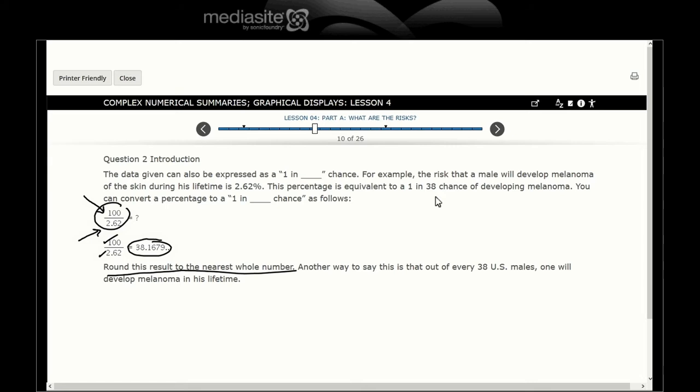Since the 0.1 is less than 5, we're not going to round up, so we keep it at 38. So a 1 in 38 chance of being diagnosed with skin cancer, or melanoma of the skin.